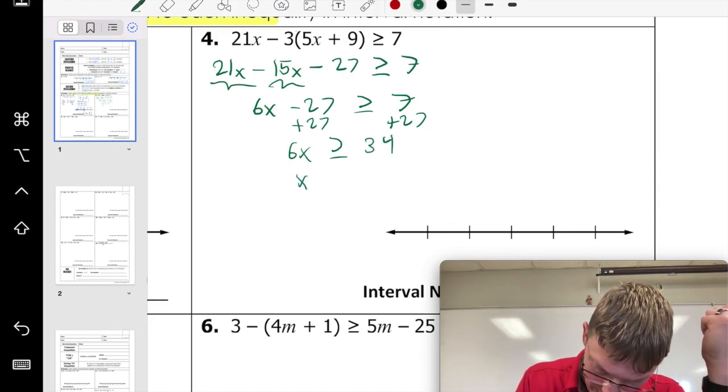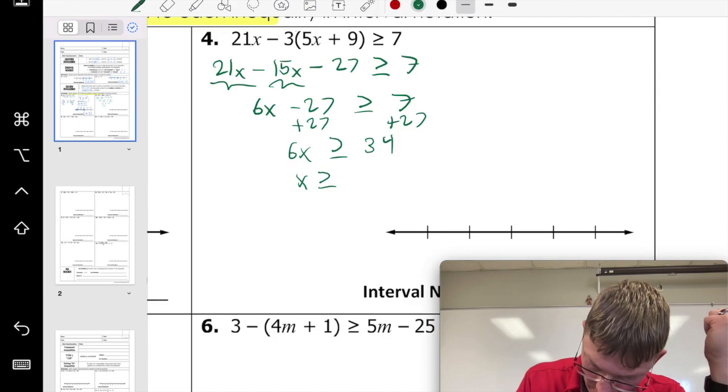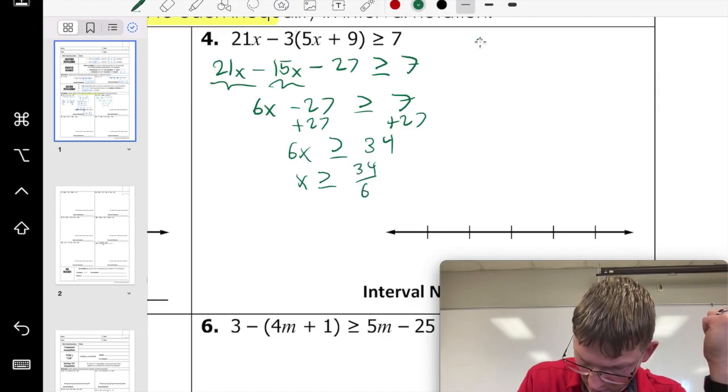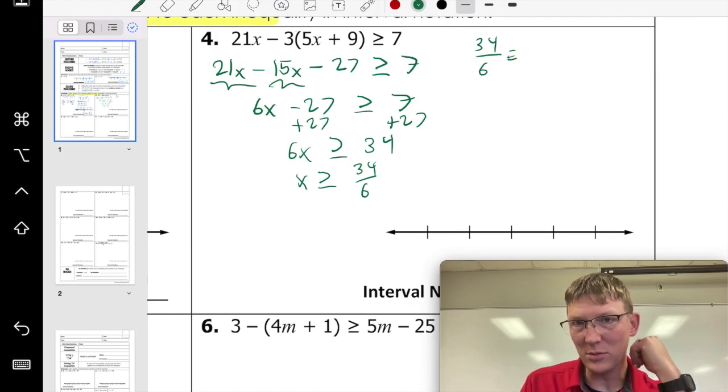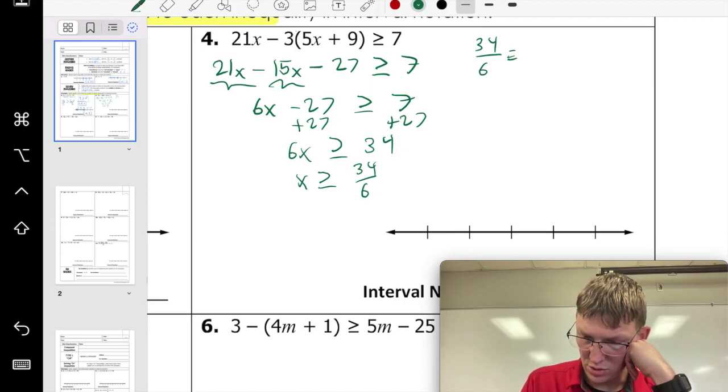And we got x greater than or equal to 34 divided by 6. We're just going to try to simplify that as much as possible. So let's see, I can pull a 2 out.